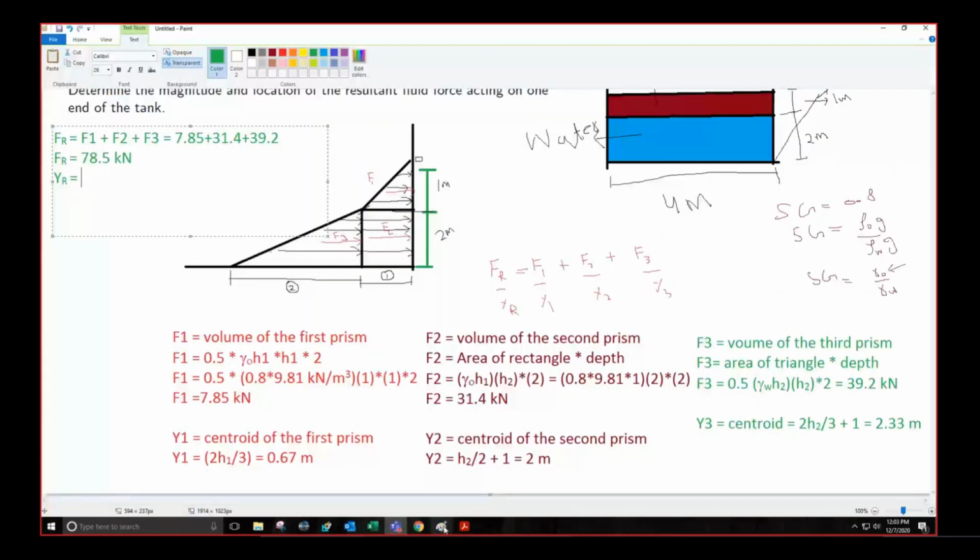YR कैसे कैलकुलेट होगा? सर ऐड करने से तीन होगा, y1 y2 y3। नो, वो तो प्रेशर प्रिज्म से बाहर की कोई डायमेंशन बन जाएगी. FR should act somewhere between the resultant of these F1, F2 and F3. Y1, Y2 and Y3 के बीच की कोई वैल्यू होनी चाहिए.